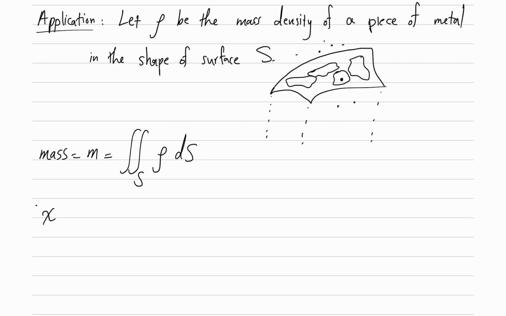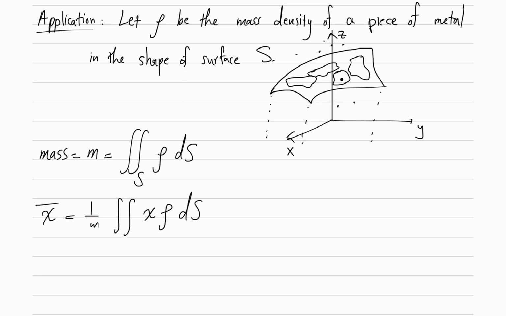Now x bar, here we need to look at the coordinate system. So where is the x average of this? Well, that will be 1 over m times the integral of x rho dS. Notice that this is a scalar function. X multiplies into something over the surface, and similarly y bar and z bar are defined.